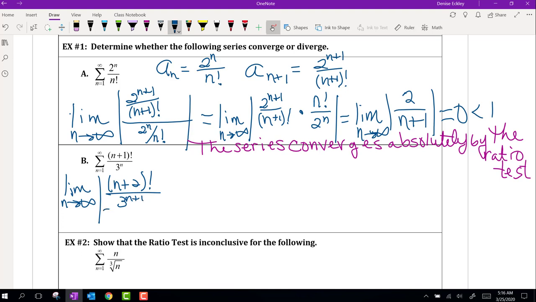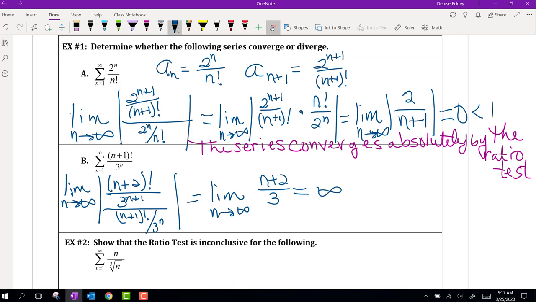And that's going to be divided by n plus 1 factorial, divided by 3 to the n. And then when this simplifies, we get n plus 2 on the numerator, and we get 3 in the denominator. And what we can see is that this is unbounded, so the series diverges.